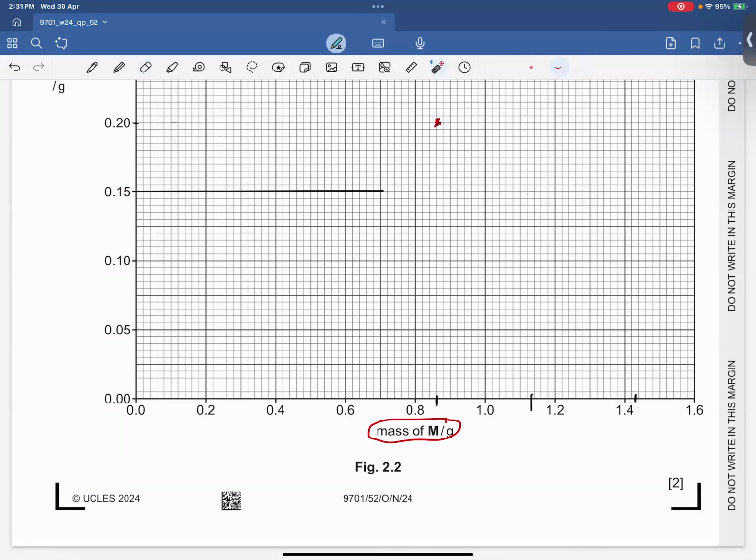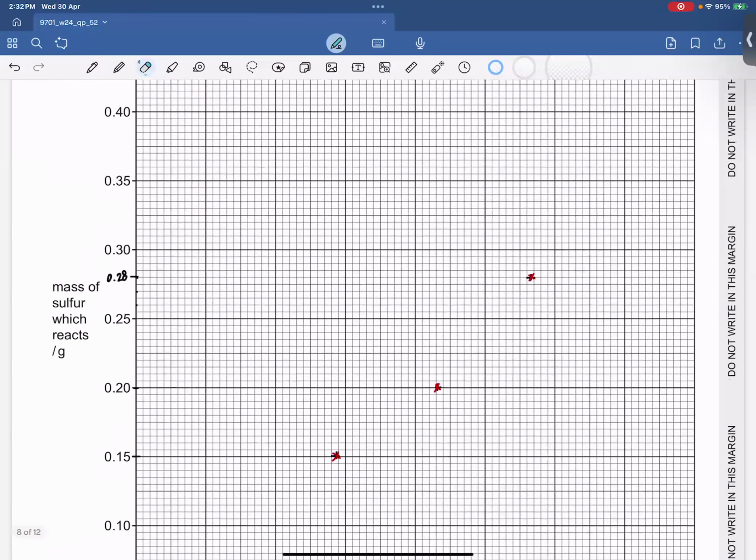This is 0.5. And this is going to be 0.57, somewhere around here. I'm done with this point also.